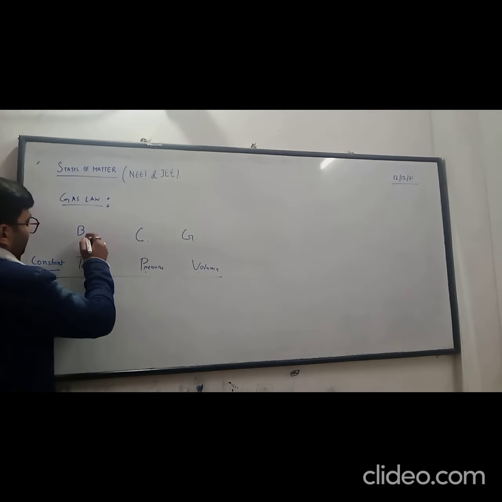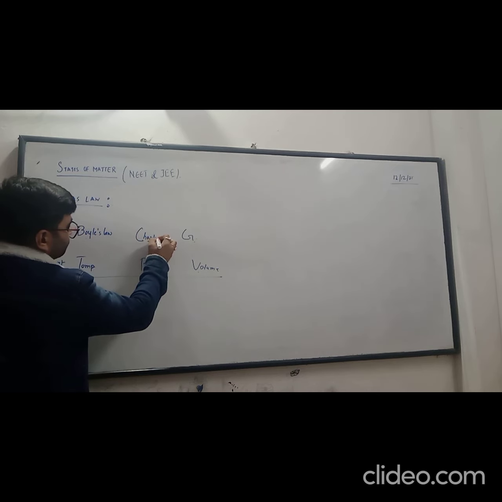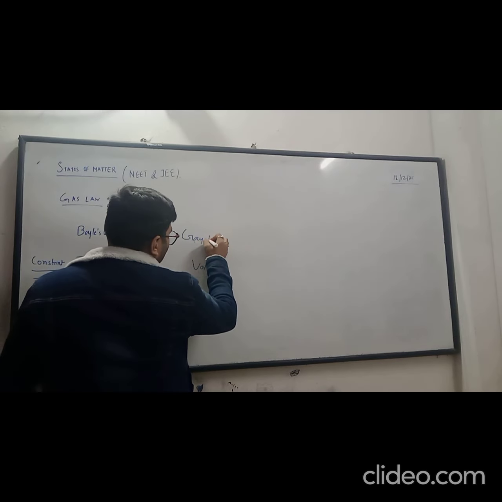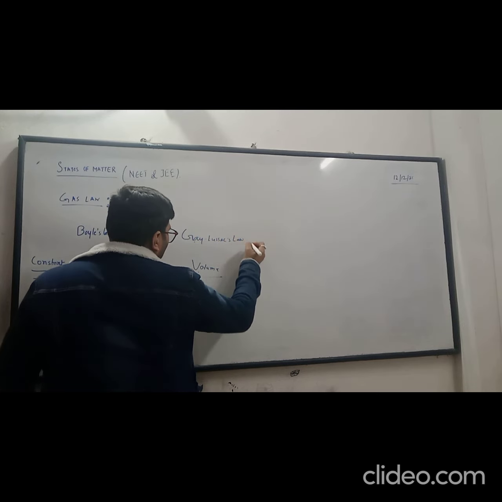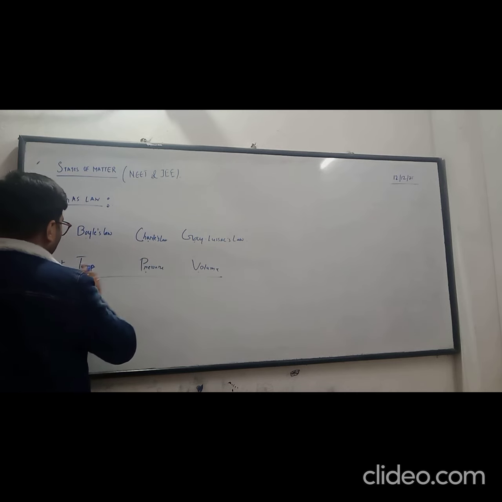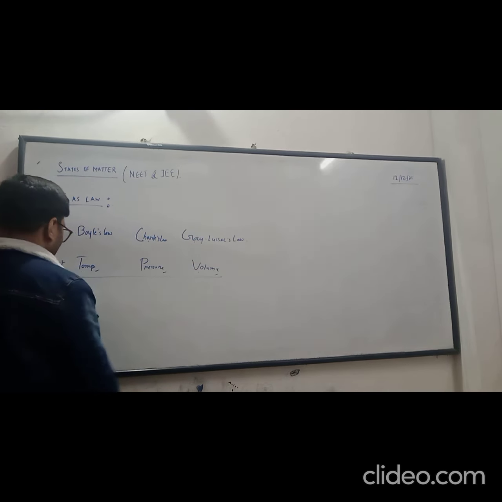These are three laws: this is Boyle's law, this is Charles' law, and this is Gay-Lussac's law. A basic shortcut to remember this is BCG, where T, P, V are constants. That is, temperature is constant, pressure is constant, volume is constant.